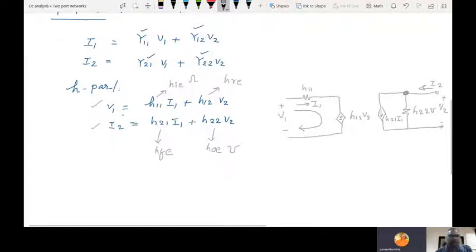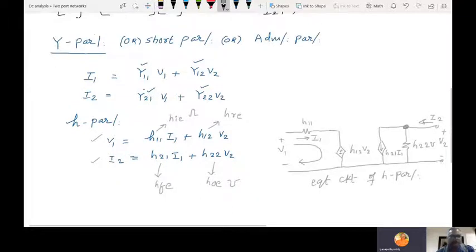When I write mesh, I get the first equation. The normal practice is to join these. So this is the equivalent circuit of H parameters. Like this we can easily draw the equivalent circuit.